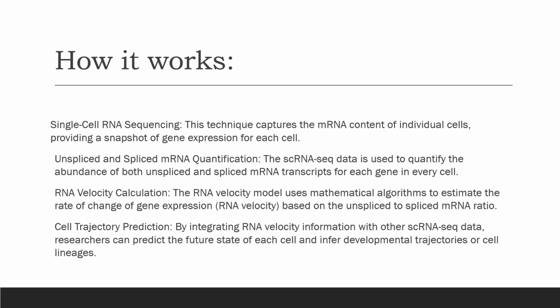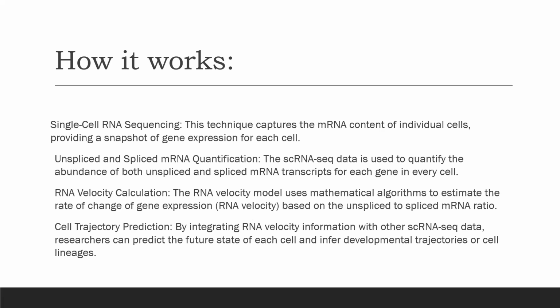The single cell RNA sequencing data is used to quantify the abundance of both unspliced and spliced mRNA transcripts for each gene in every cell. Then RNA velocity calculation: the RNA velocity model uses mathematical algorithms to estimate the rate of change of gene expression based on the unspliced to spliced mRNA ratio.